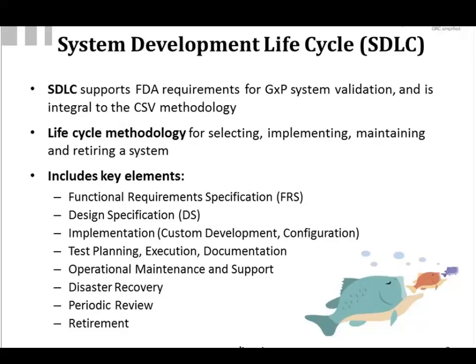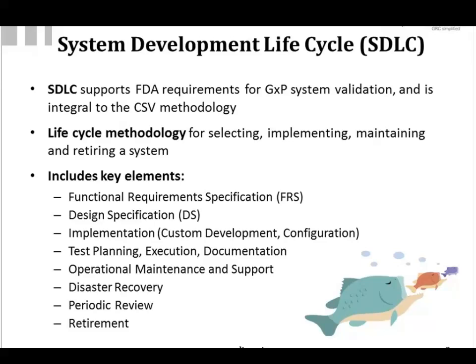The key elements are the functional requirement specification, which tells you what the system has to do, and that's where we talk about proving that a system does what it purports to do. It purports to do whatever it is that you write up in your functional requirement specification.